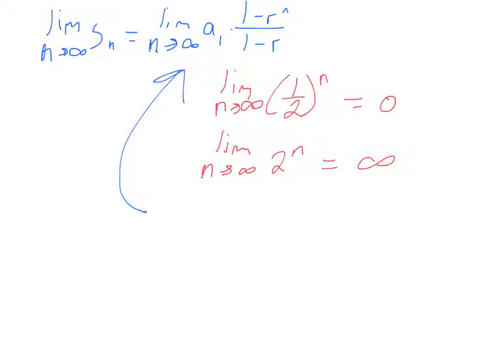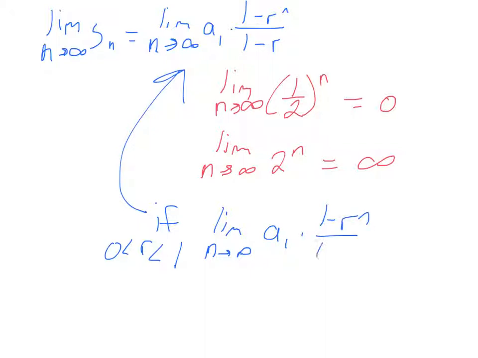We're seeing that if r is a number between 0 and 1, then it's going to go to 0 and go away. On the other hand, if r is bigger than 1, then that's probably not going to be the case. So let's say r is between 0 and 1. The limit as n goes to infinity of a sub 1 times 1 minus r to the n over 1 minus r.